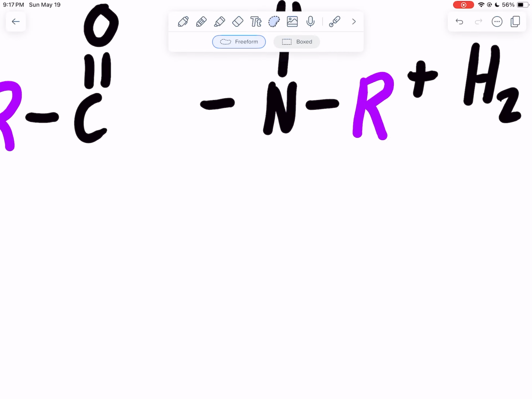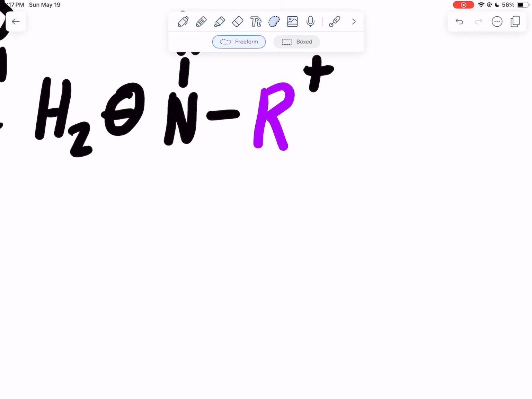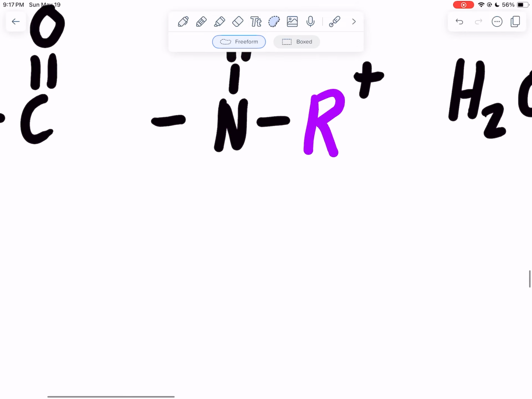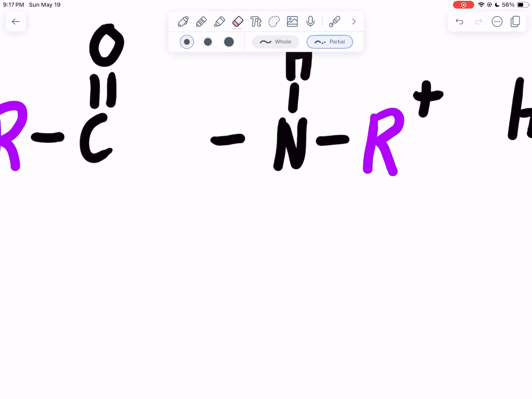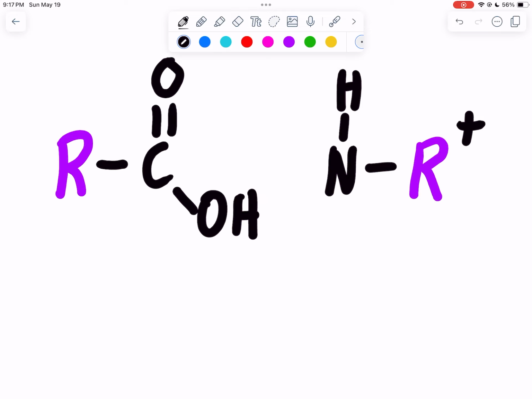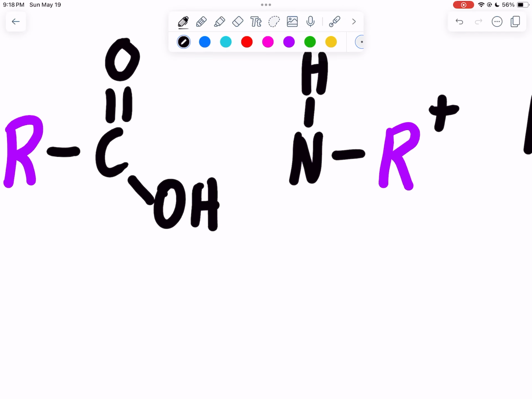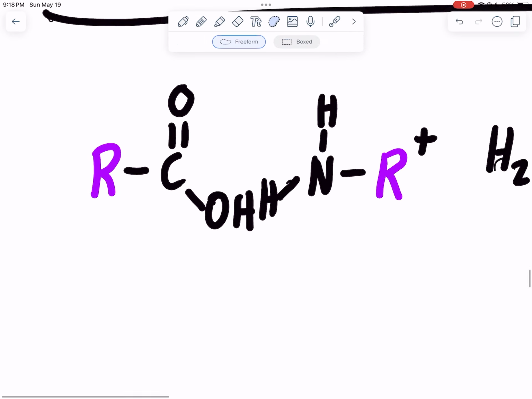An enzyme will come in and it will add water to right here, which results in these being separated. And the OH from the water will go onto one end, and the H will go onto the other, forming 2 separate molecules again.